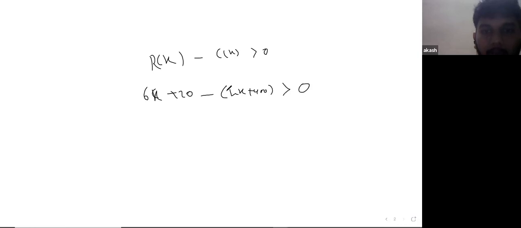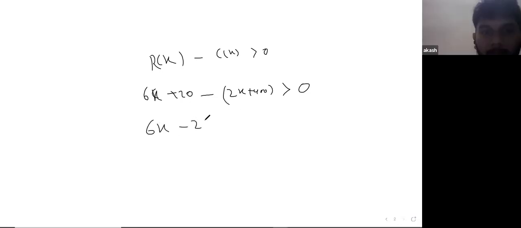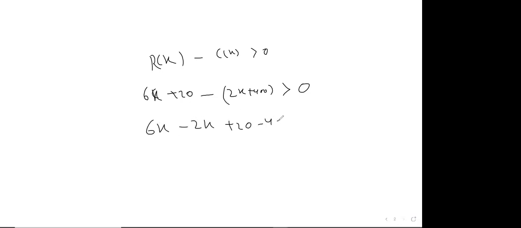Should be greater than 0. All right. After that, I opened the bracket: 6x plus 20 minus 2x minus 400. Then I simplified it, it became 4x minus 400 greater than 0.